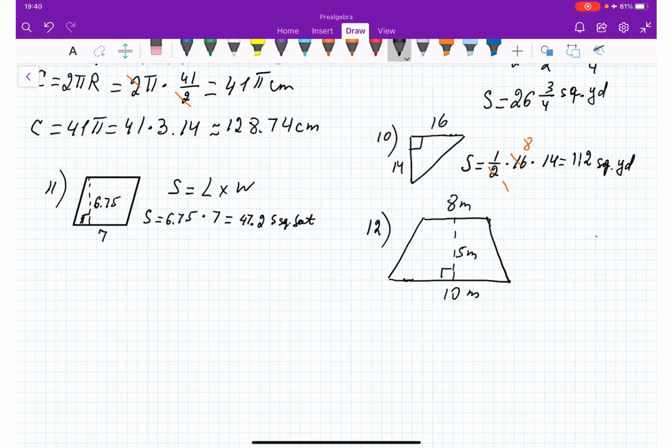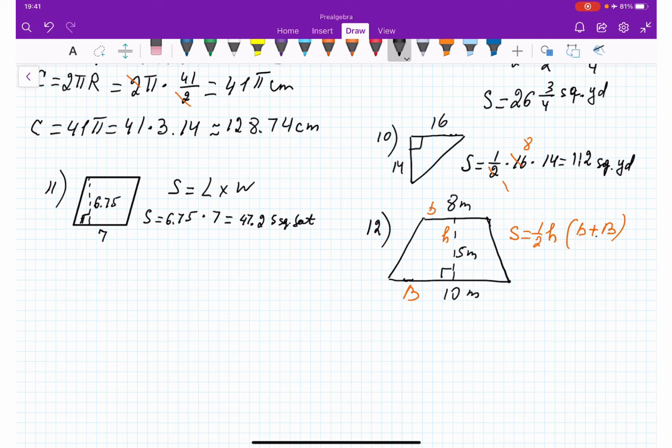And we need to find the area of the trapezoid. So the area of a trapezoid is equal to 1/2 of height, and this is our height. This is, let's say, lowercase b side, and this is uppercase B. So b plus uppercase B. Okay? So from here, we have everything we need, right?